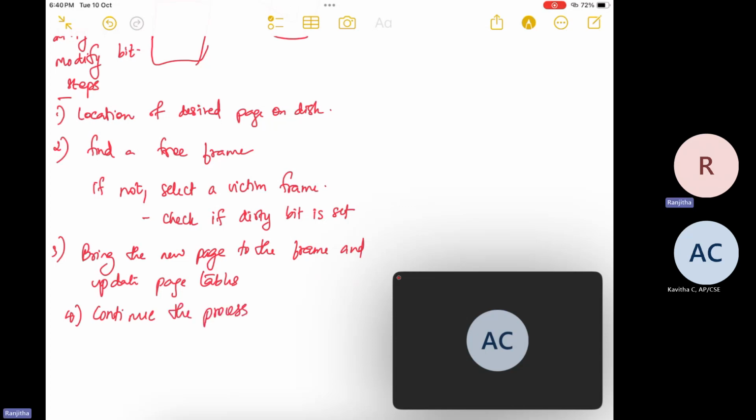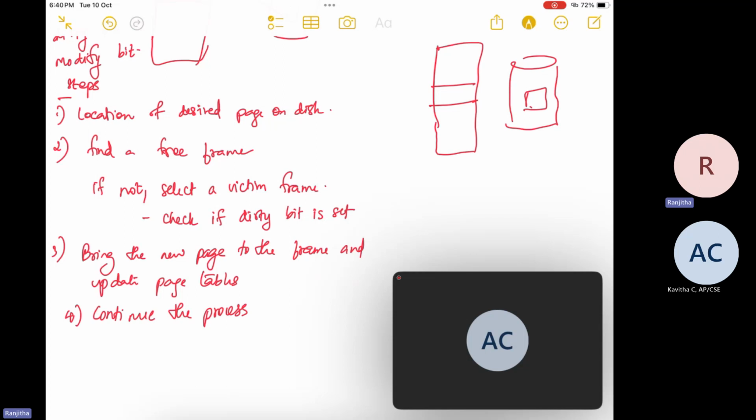Continue the process by restarting the execution. Normally there will be a trap given and then the process execution will be restarted. So this is what majorly happens. First we identify the location on the disk for the page, then we check if there is a free frame.